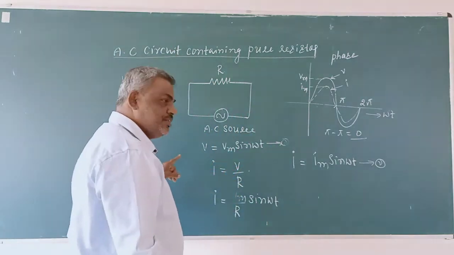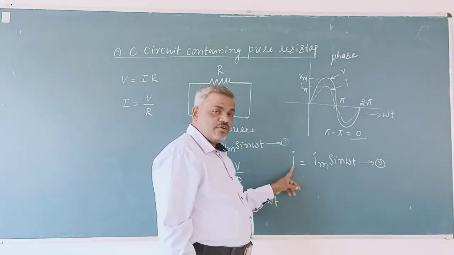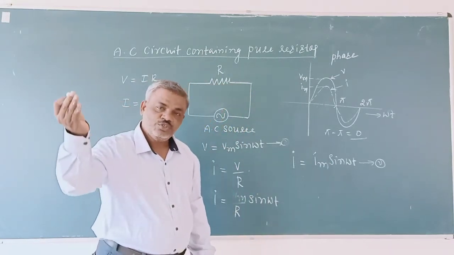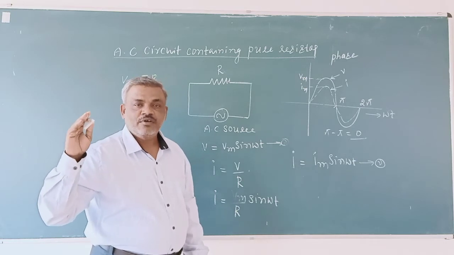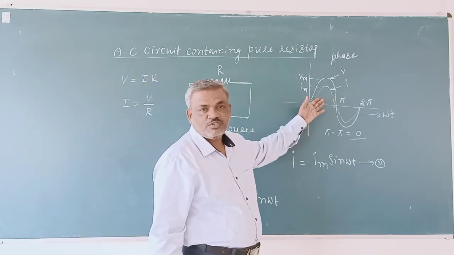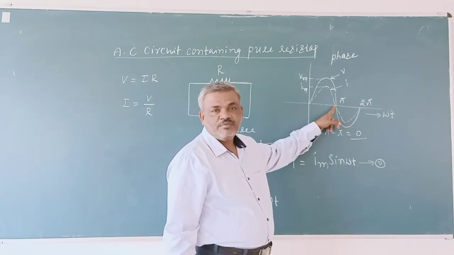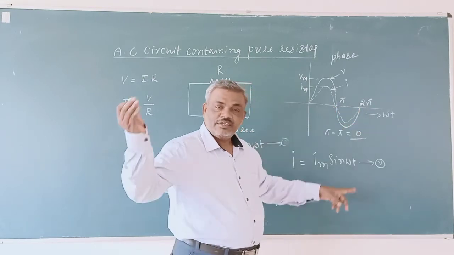So now two equations are there: V equals Vm sin omega t, I equals Im sin omega t. The two equations show that current and voltage are in the same phase. So now the graph shows that current and voltage are in the same phase at the same time.